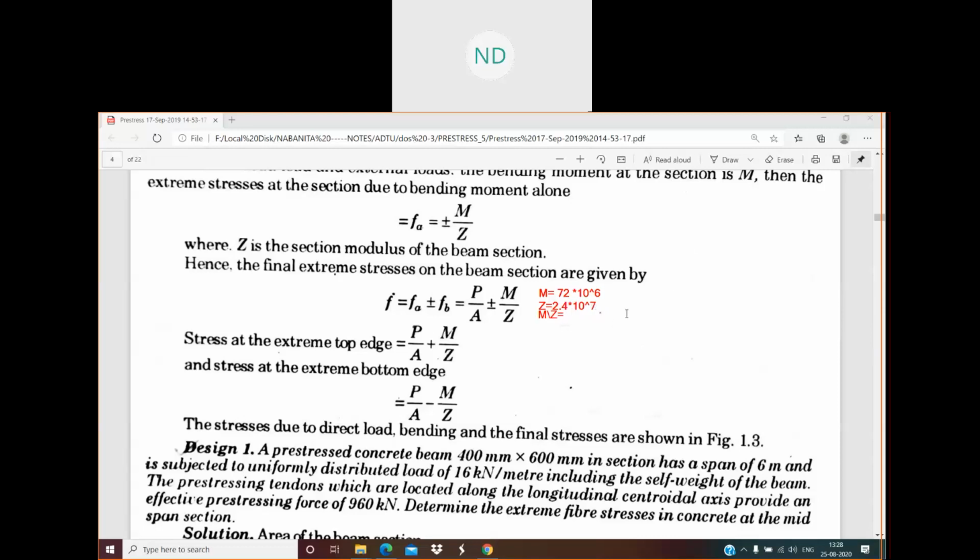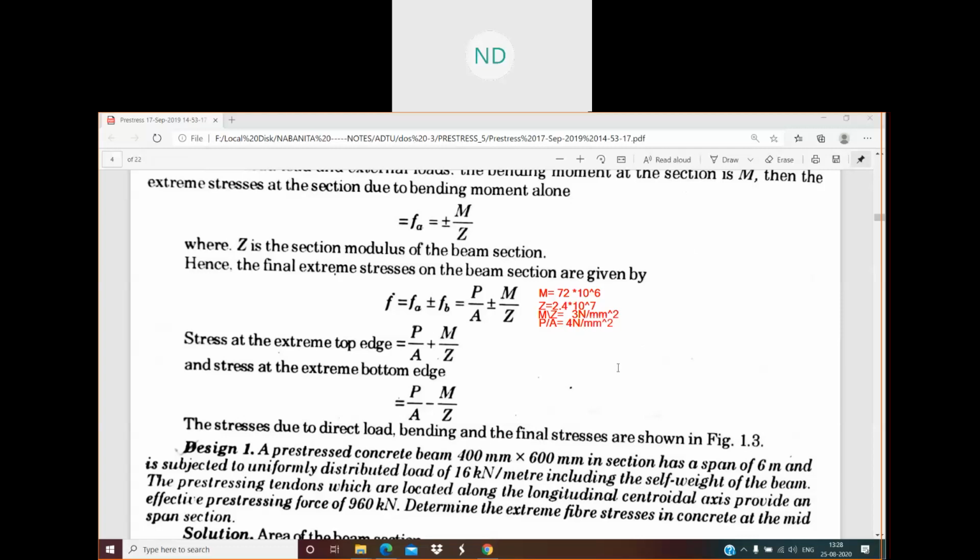So we have got our M by Z to be 3 Newton per mm square. And how much was our P by A, capital P by A? 4 Newton per mm square.